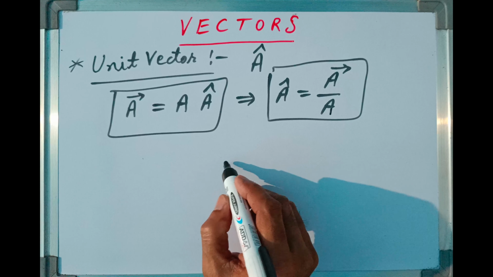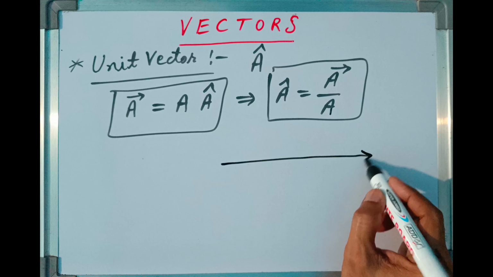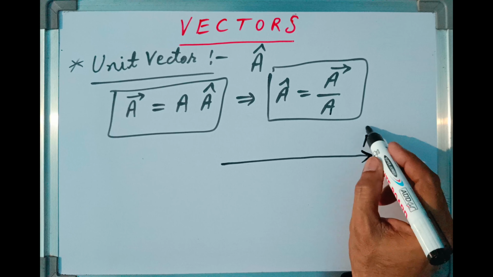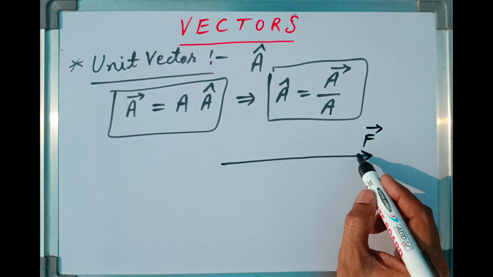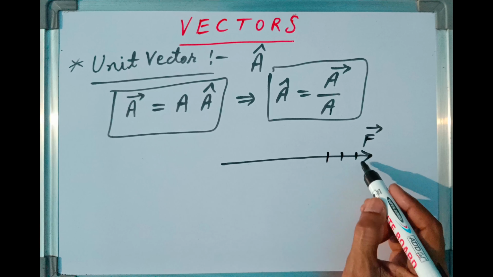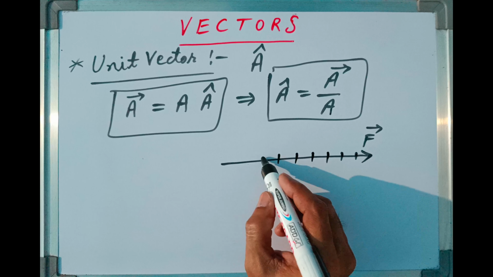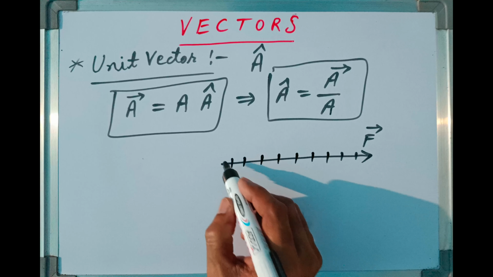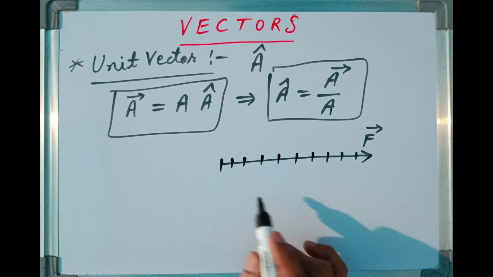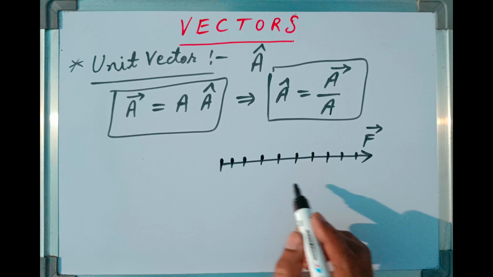For example, as I explained earlier, suppose we have a vector that is force vector in this direction. It is of 10 Newton, 1, 2, 3, 4, 5, 6, 7, 8, 9, 10. Suppose I have expressed it with a line of 10 centimeter.